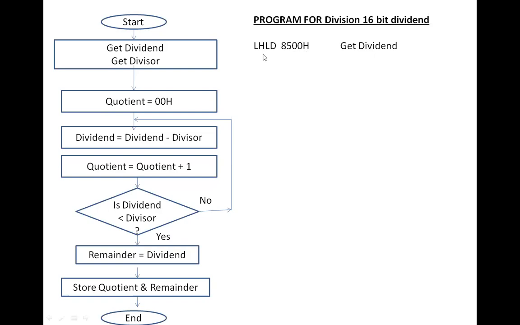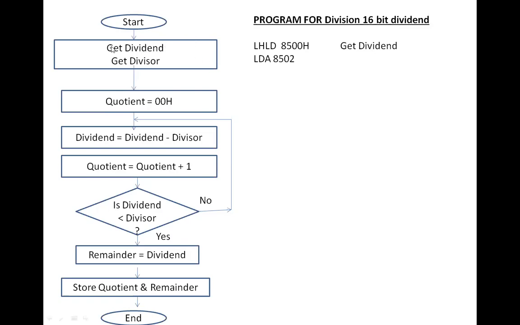So the HL pair now contains the 16-bit dividend. Then 8502 is the memory location where the divisor is placed, so we are going to load the divisor value into the accumulator. So the dividend is placed in the HL pair and the divisor is placed in the accumulator.